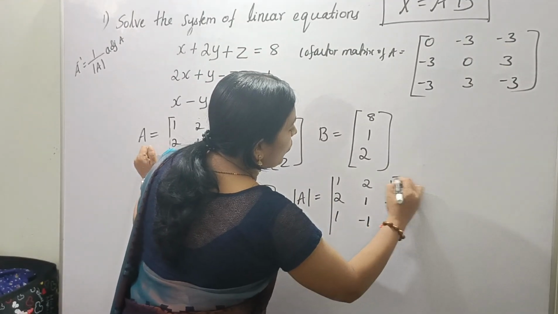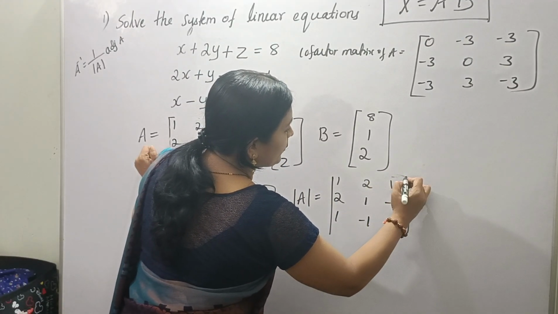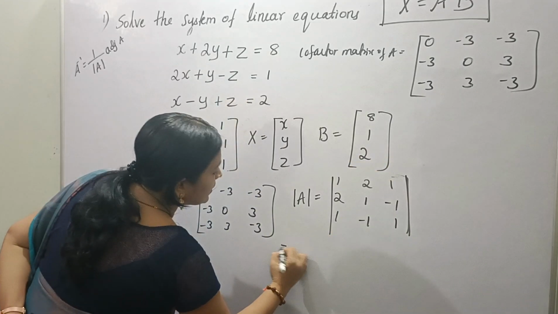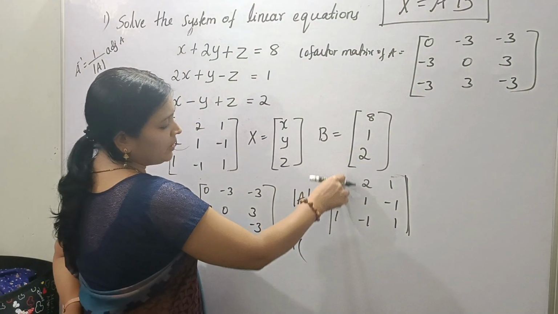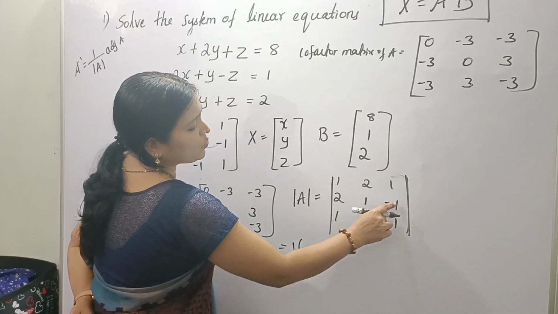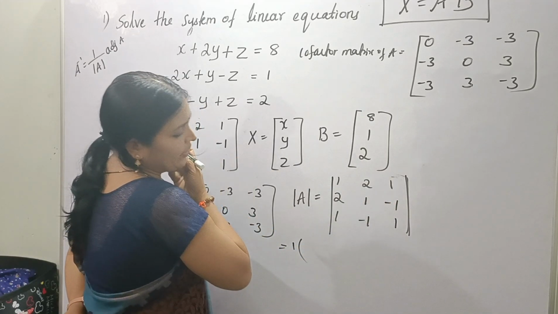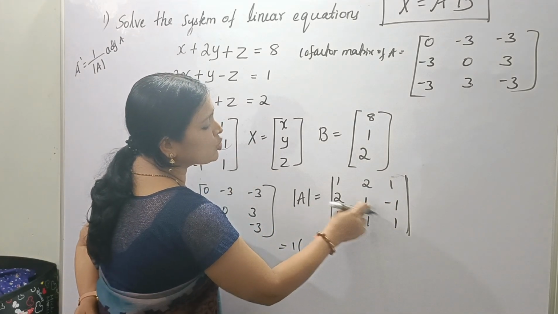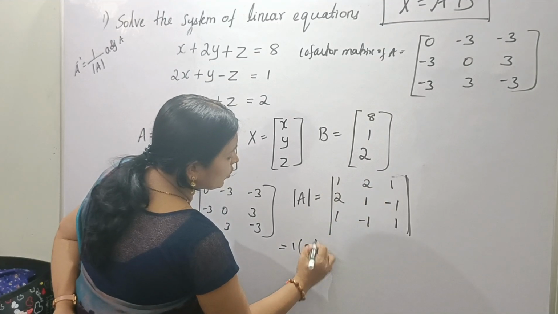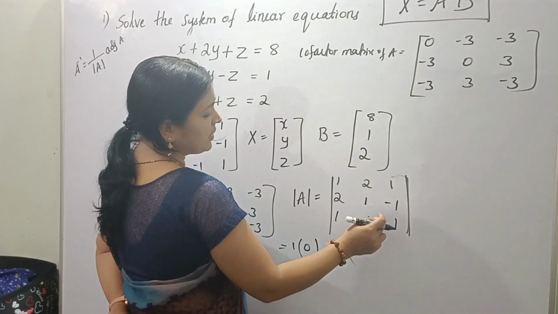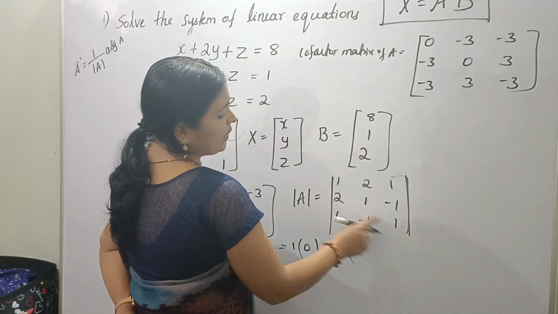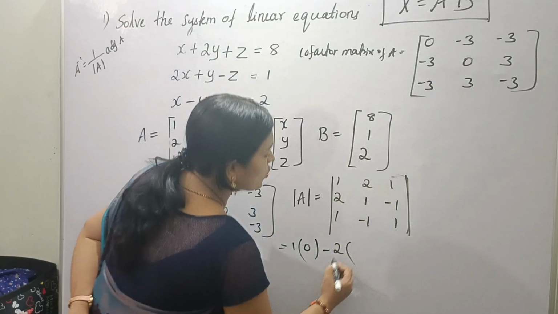Not matrix, determinant. That is equal to first element 1 into, remove this, 1 minus 1 minus 1. Find the determinant here itself: 1 into 1 minus 1, that will be 0. Minus 2 into, delete this, then 2 into 1, 2 minus minus 1, so plus 3.